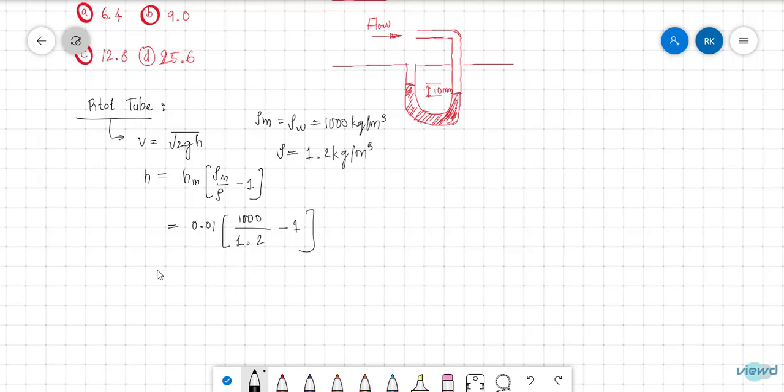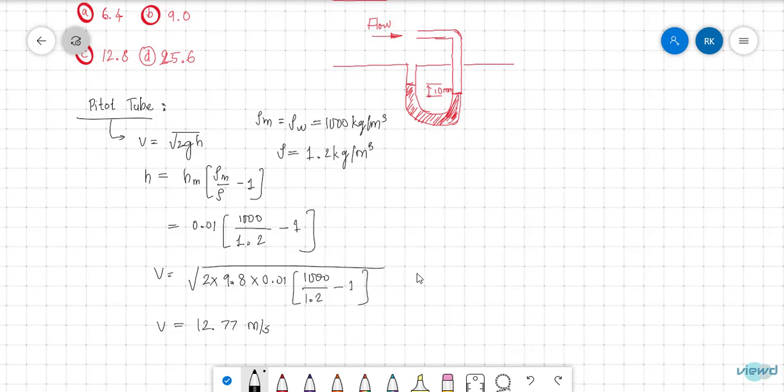So substituting this in this equation, under root of 2 into g is 9.8, it is given that take g as 9.8, into 0.01 into 1000 divided by 1.2 minus 1. So solving this, we will get V is equal to 12.77 meter per second. So this is the answer.